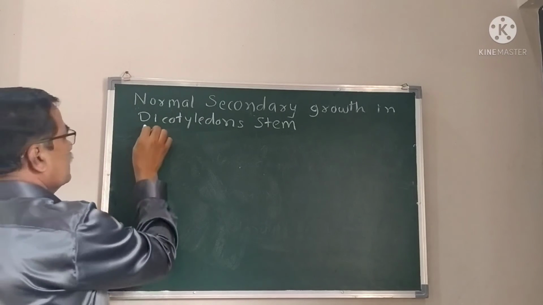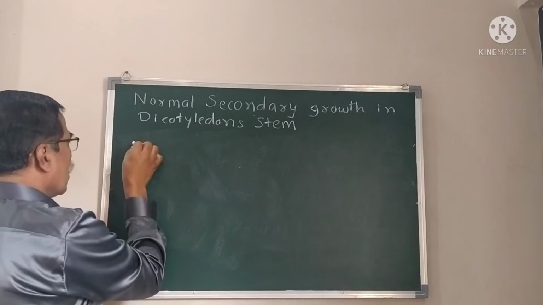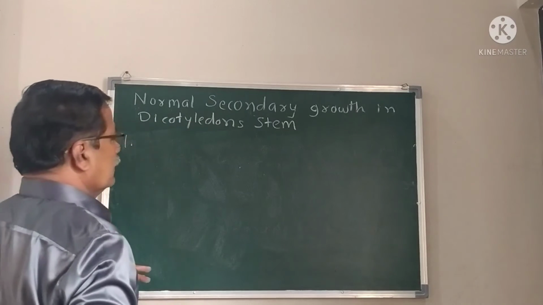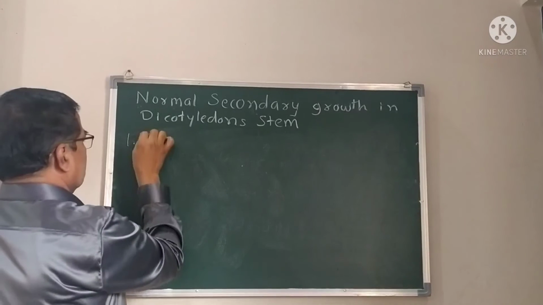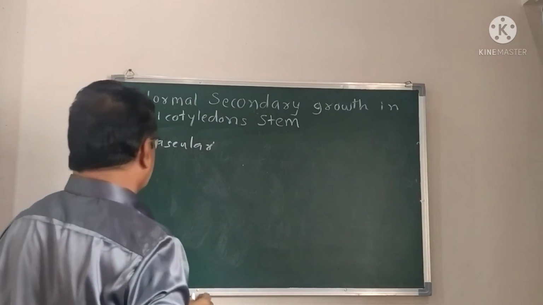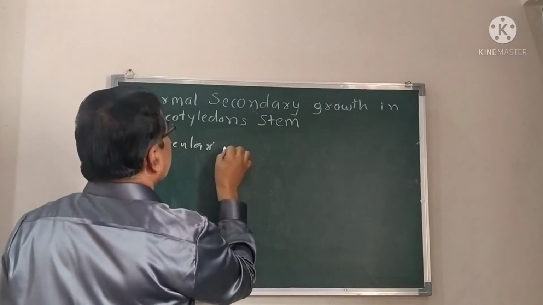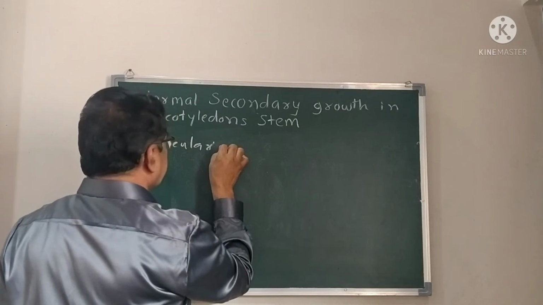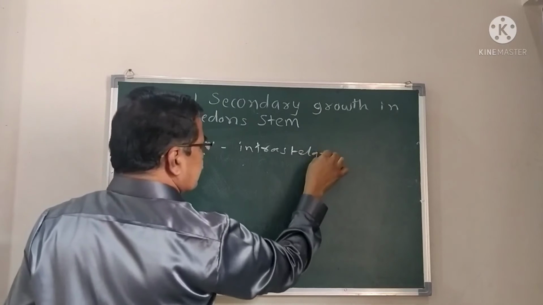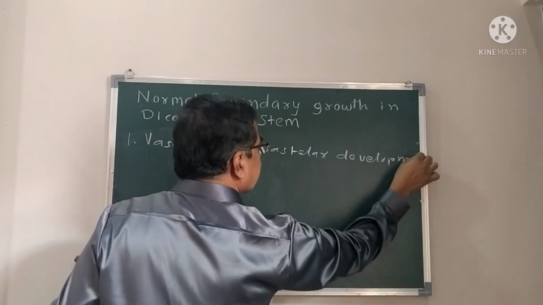Here, normal secondary growth takes place by means of two ways. First way, addition of tissues through vascular formations, which is known as intrastellar development.